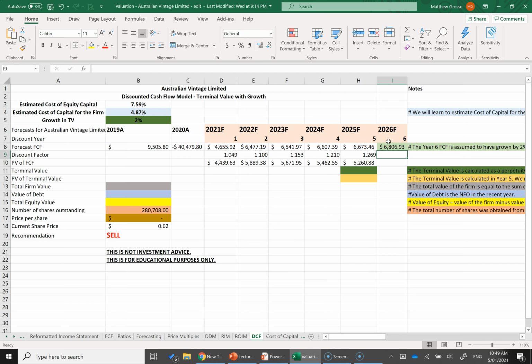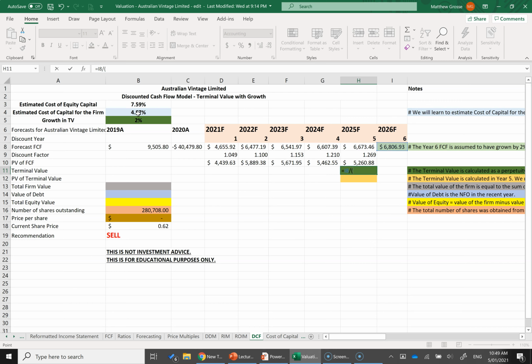So then I've got my year 6 free cash flow estimate, which is 2% higher than year 5. I can then calculate my terminal value. I'm calculating my terminal value in year 5, so I use the following year's free cash flow, the year 6 free cash flow, and I'm using a 2% growth, so I divide through by my cost of capital for the firm minus the 2% growth rate.